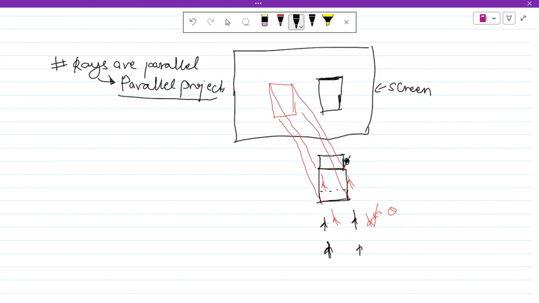Inside parallel projection, there are two kinds of projection, like we have seen. If the rays, or simply lines, are perpendicular to the plane, this is known as orthographic projection.